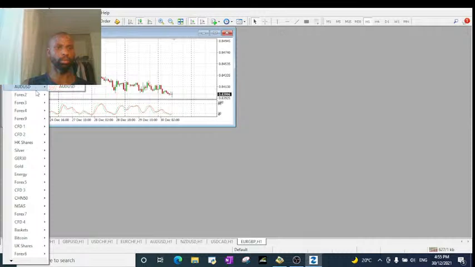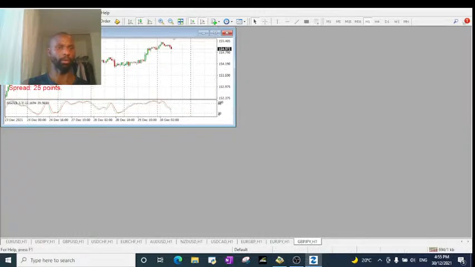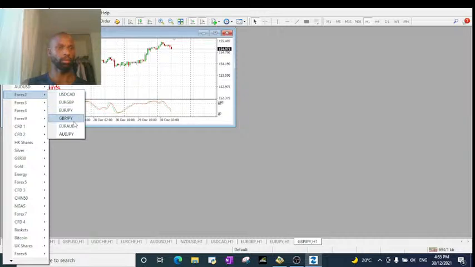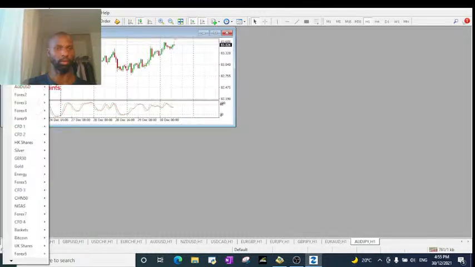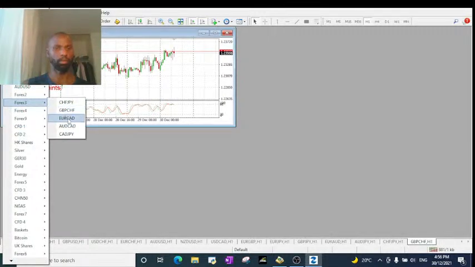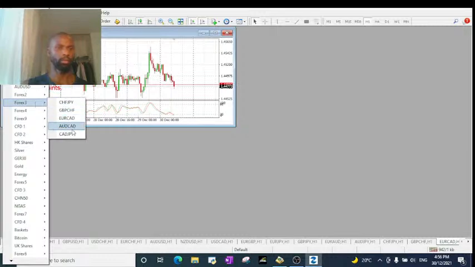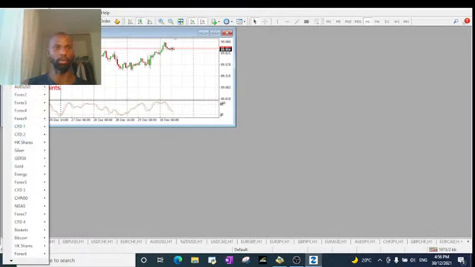Euro pound, euro yen, pound yen, euro Australian dollar, Australian yen, Swiss franc yen, pound Swiss franc, euro CAD, and then dollar Japanese yen.